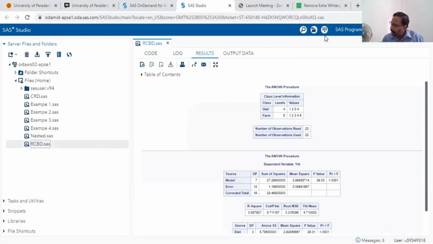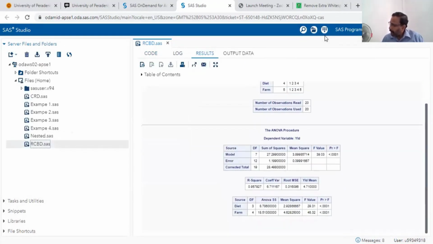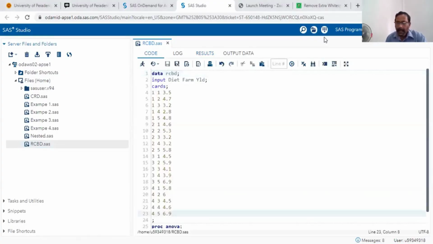When you do the RCBD, according to that, there's a significant difference among the data. So what is the next step? The next step is definitely mean separation, so I will go for mean separation.